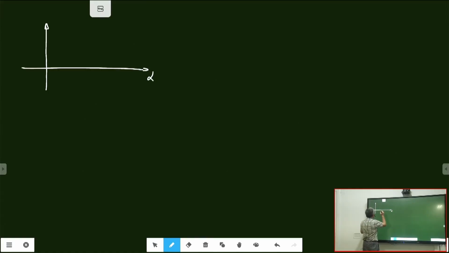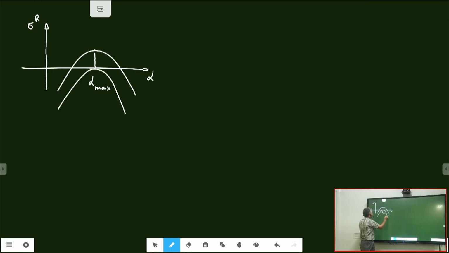So if I draw a sketch, sigma r as a function of alpha, then what we will get is something like that. This is the maximum, so I'll call it alpha max. The critical situation is when this maximum is just touching. This is the critical regime.